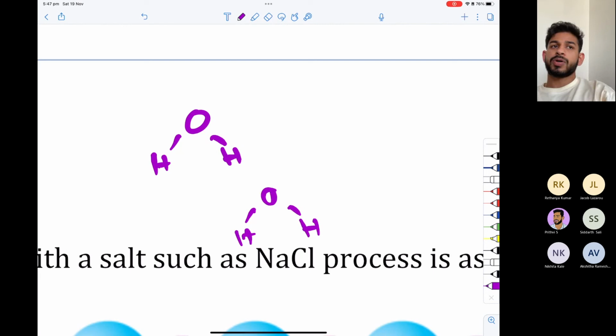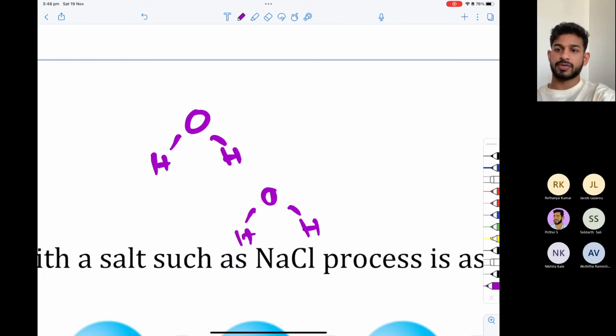Now, Rithania, which end is positive, which end is negative in water? The hydrogens are negative. Oh no, positive, sorry. So the way you think about it is it's all to do with electronegativity.